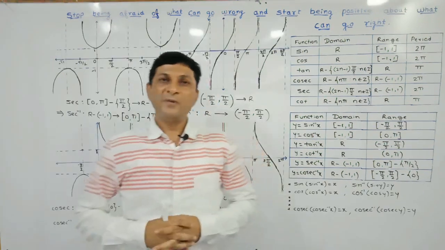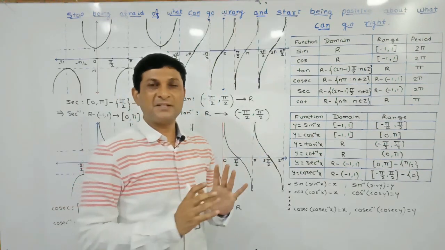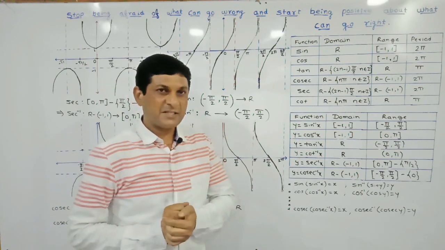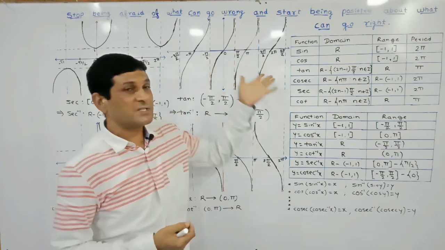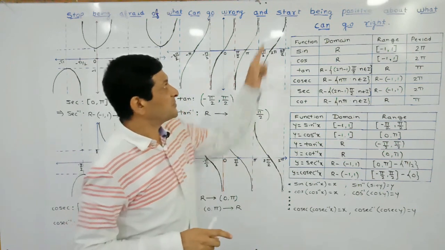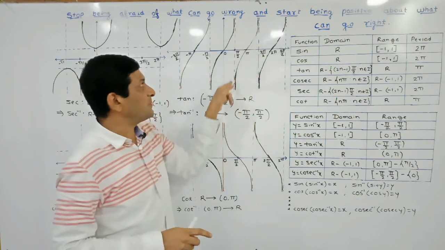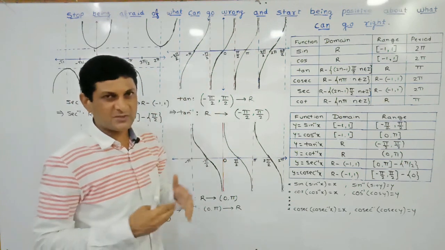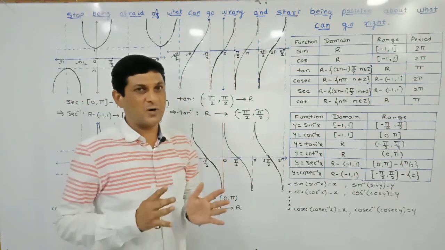Well, now let us discuss the next trigonometric function, that is tan. First we will observe the graph of this tan function. Here we can observe that the same values are repeating, which means it is a periodic function. Every trigonometric function is periodic.